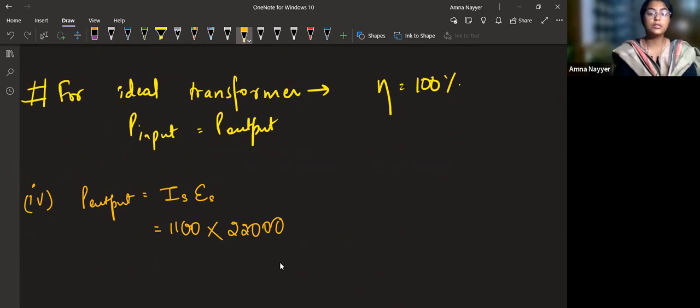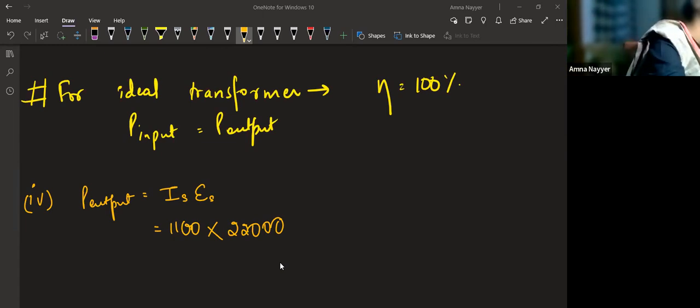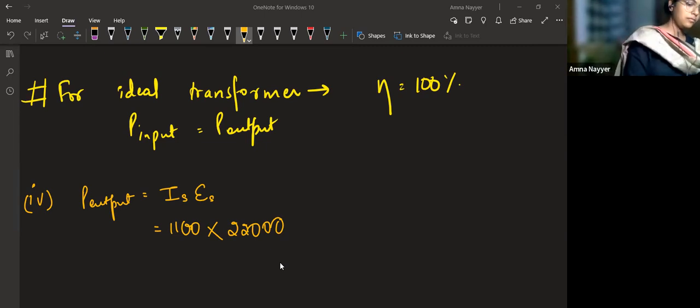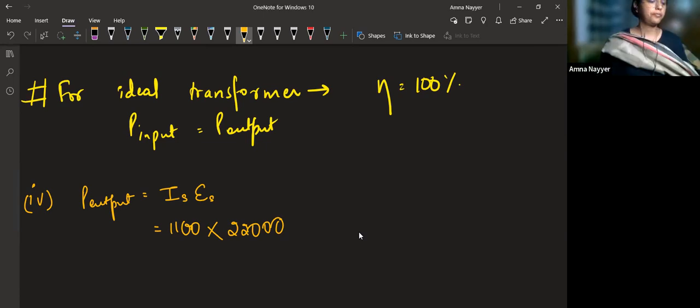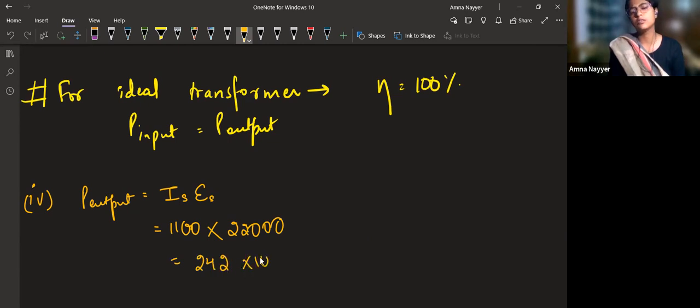So 10 to the power 5 will be there, and this will become 242 into 10 to the power 5 watt. So based on this direct data, you have these kinds of questions.